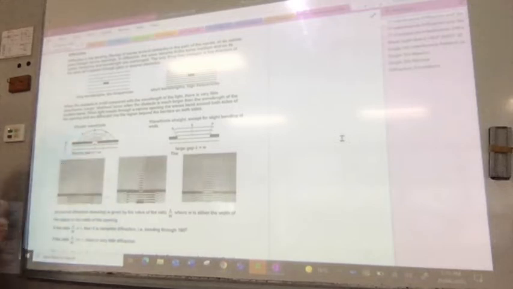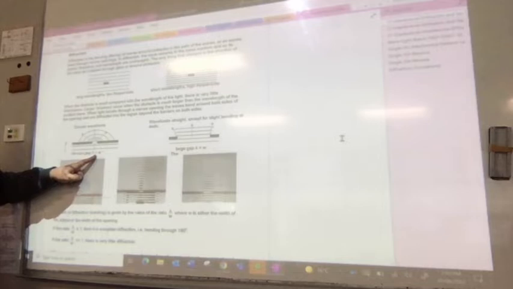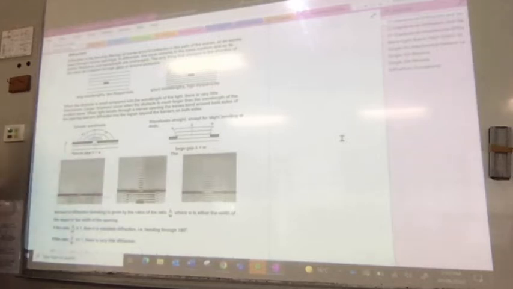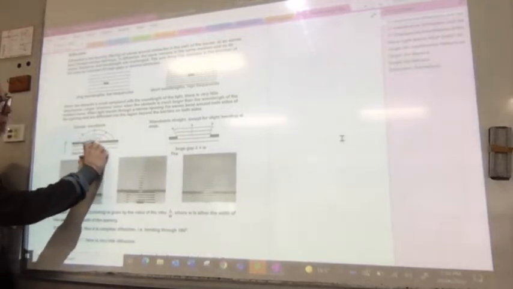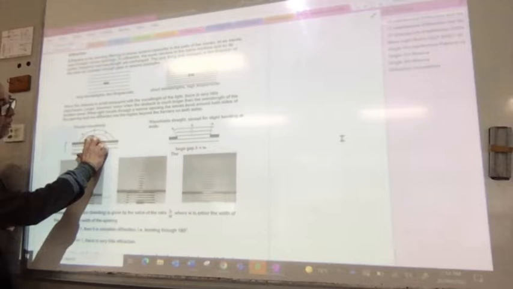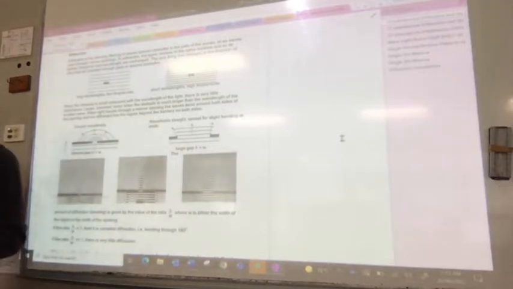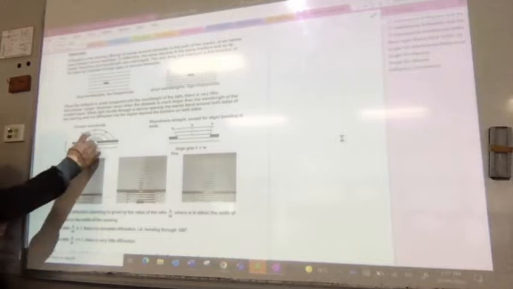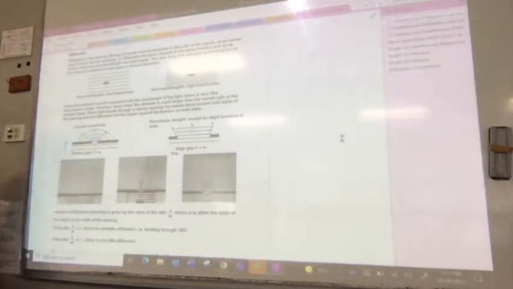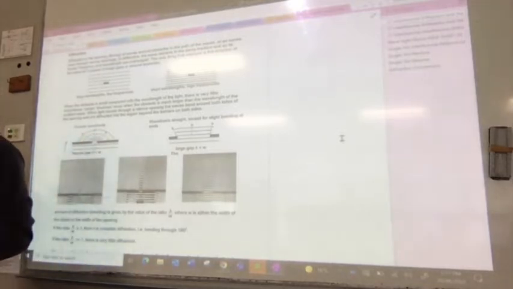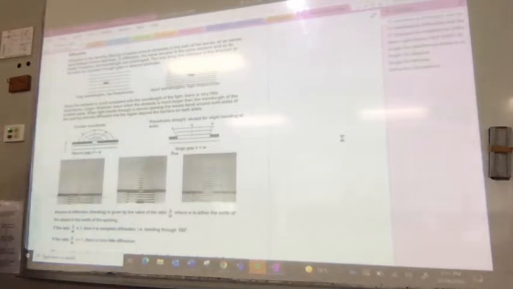Now, you'll notice that there is a difference depending on whether or not the opening width is comparable to the wavelength. When you look at these lines, you're looking at peak to peak, and in the middle of them there's a trough. So if you measure the wavelength peak to peak and it's within the same order of magnitude as the opening, then you end up with something like full diffraction.